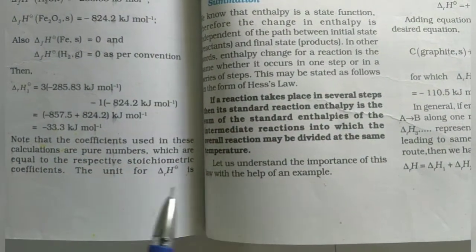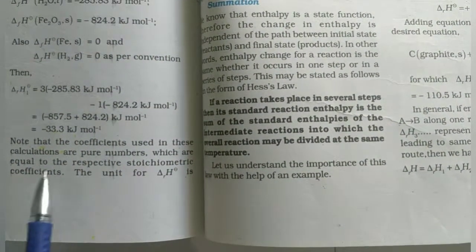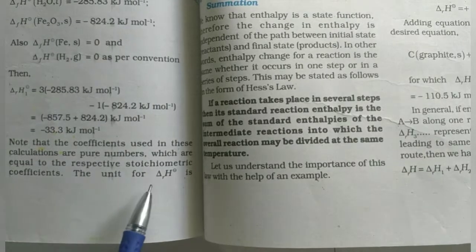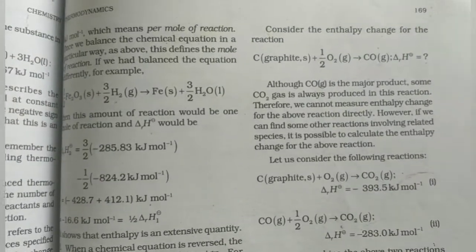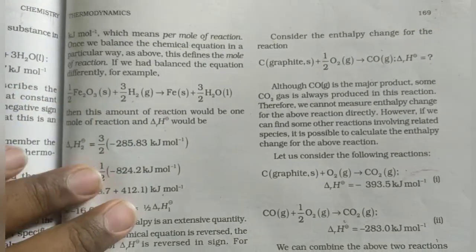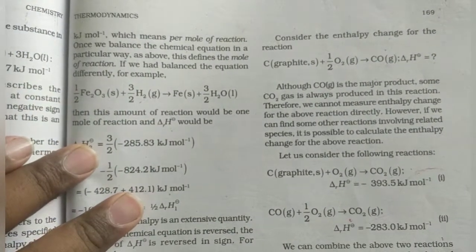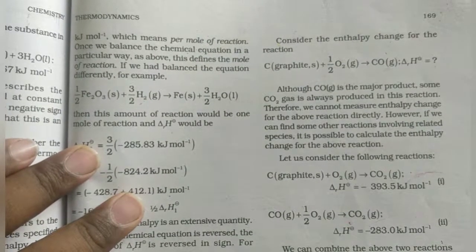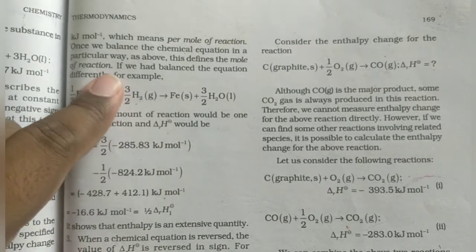Note that the coefficients used in these calculations are pure numbers which are equal to the respective stoichiometric coefficients. The unit for delta H naught is kilojoules per mole, which means per mole of reaction. Once we balance the chemical equation in a particular way as above, this defines the mole of reaction.